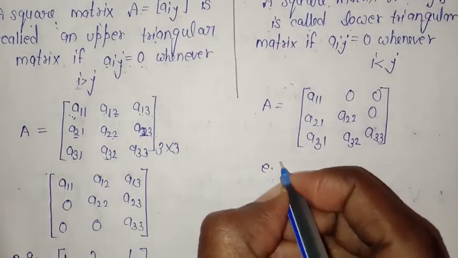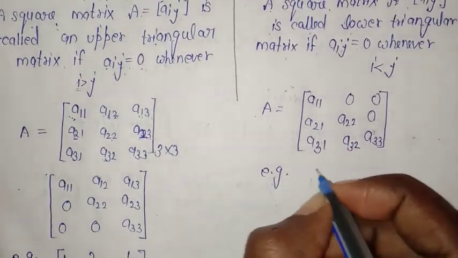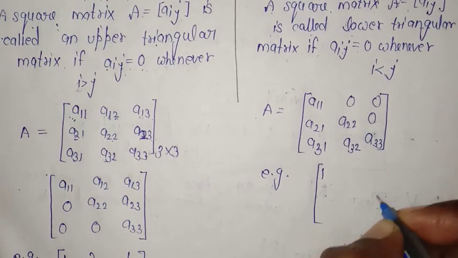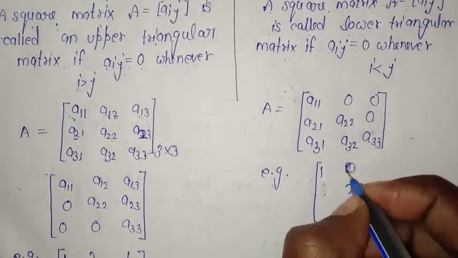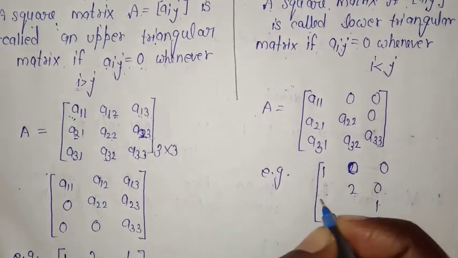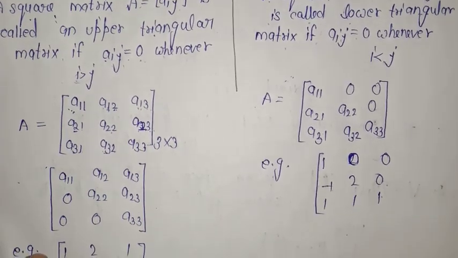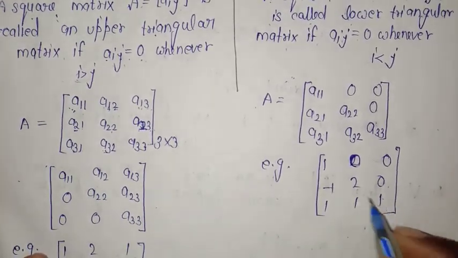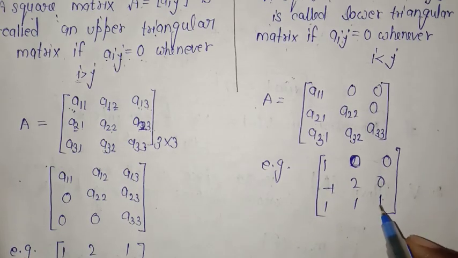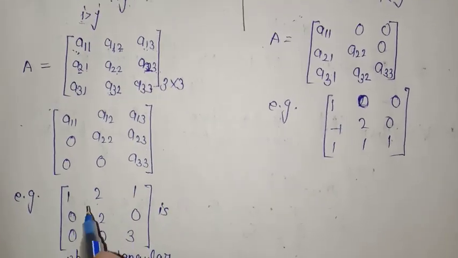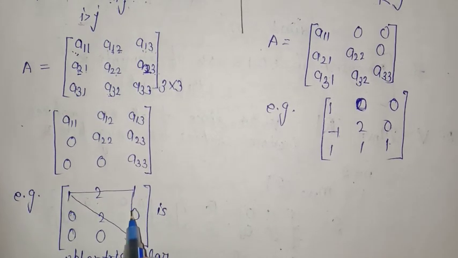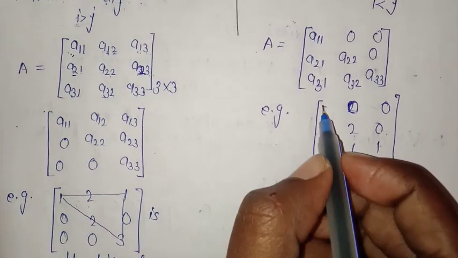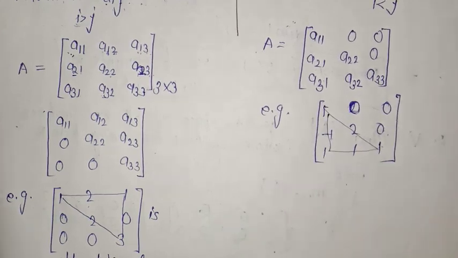If I take an example of lower triangular, suppose 1 0 0, 2 1 0, 2 minus 1 1. This kind of matrix is a lower triangular matrix. To remember it, you can see that here an upper triangle is forming and here a lower triangle is forming.